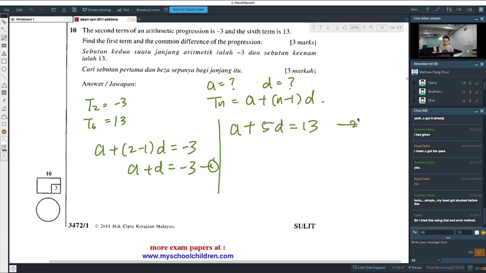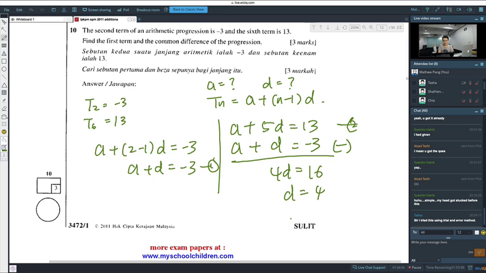So I'm going to put my first equation here, A plus D equals negative 3, and then I will use the elimination method, subtracting. So A minus A is gone. 5D minus D is 4D. 13 minus negative 3 is 16. D equals 4. If D equals 4, I substitute into here. A plus 4 equals negative 3. My A is negative 7.